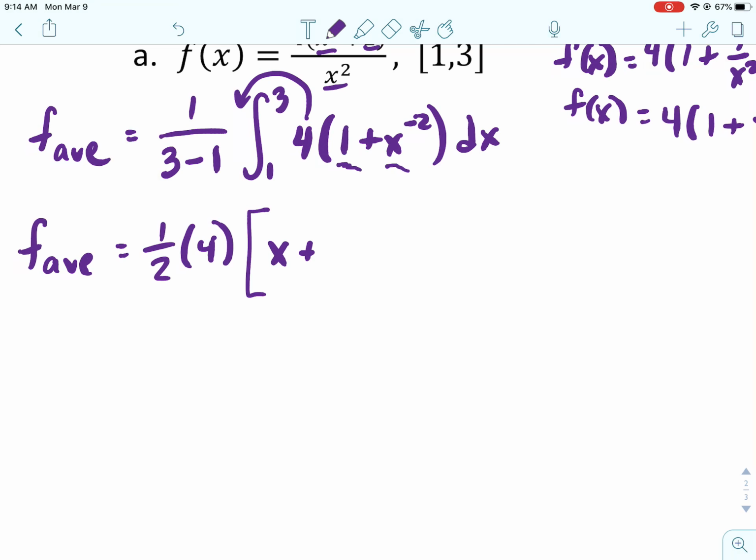What do we do to the negative 2? Add 1 to it. What are we going to get? Negative 1. And so we divide by our new exponent, and then we have our new exponent. Now, we haven't worked definite integrals in a while, but this is a definite integral because we have the upper and lower limits. Do I worry about plus c with a definite integral? No. So we close off the box, and then we go from 1 to 3.